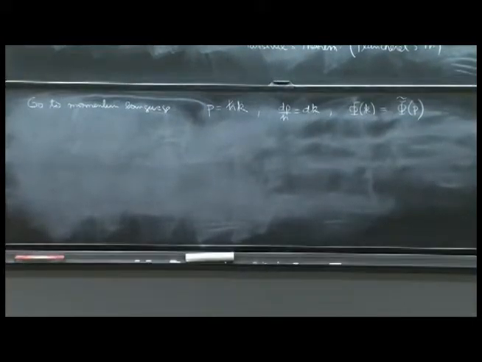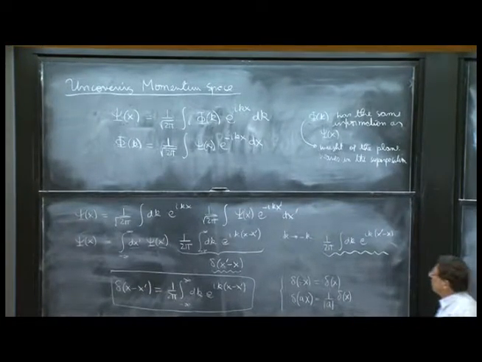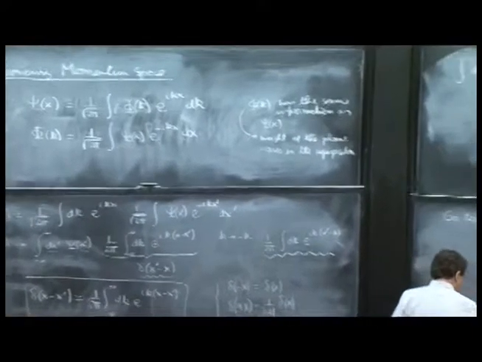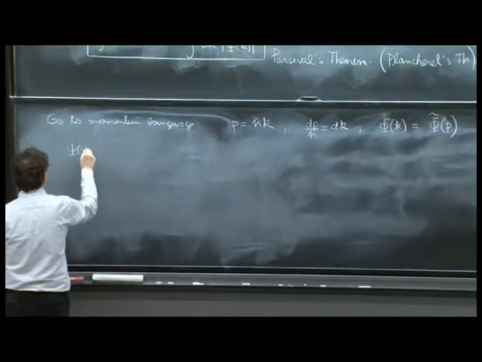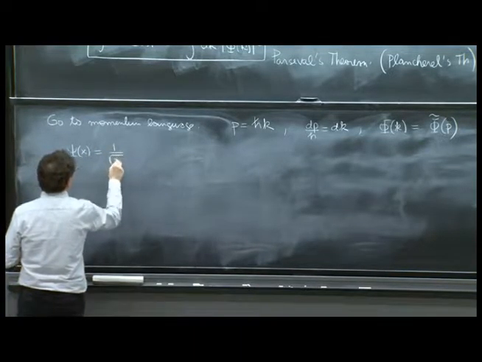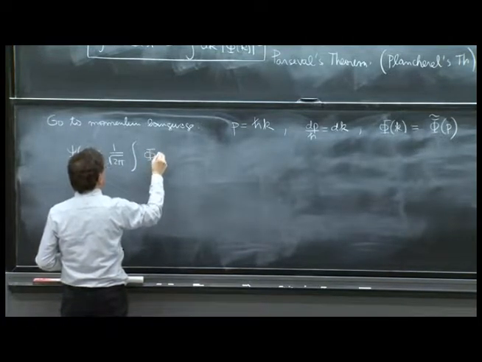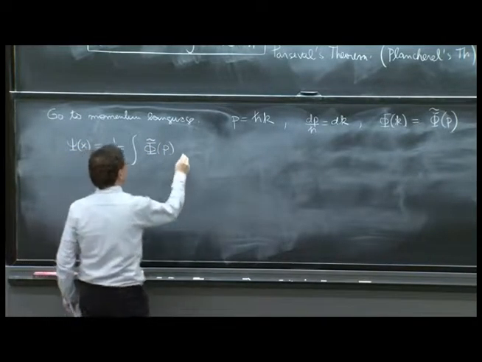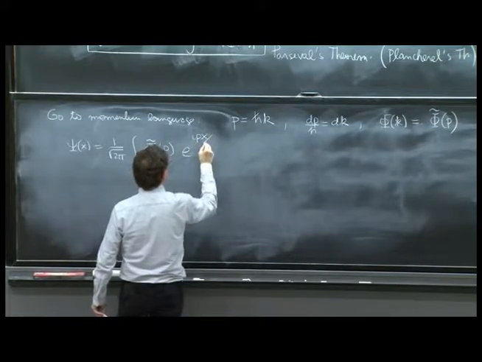These are the two equations that we wrote there, the ones we're aiming to write in a more momentum language rather than k, even though it's going to cost a few h bars here and there. So the first equation becomes psi of x equal 1 over square root of 2 pi integral. Well, phi of k is now phi of p with a tilde. e to the ikx is e to the ipx over h bar.